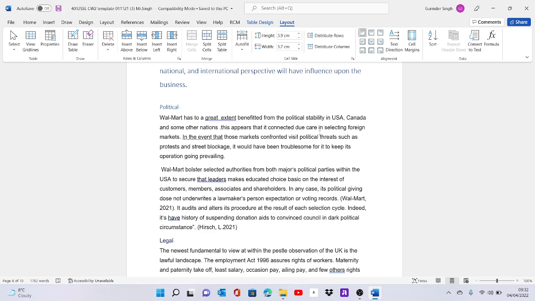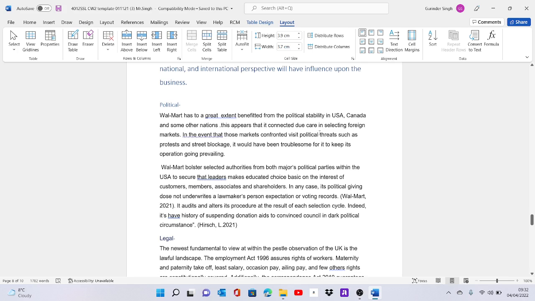However, its political giving does not endorse a lawmaker's person or voting record. It audits and alters its procedure after each election cycle. It has a history of suspending donations and has sought counsel in dark political circumstances.